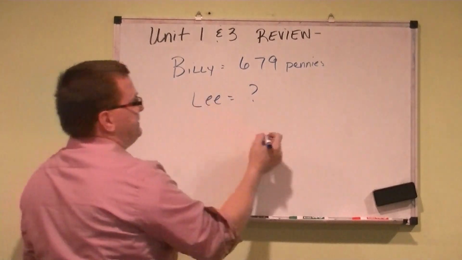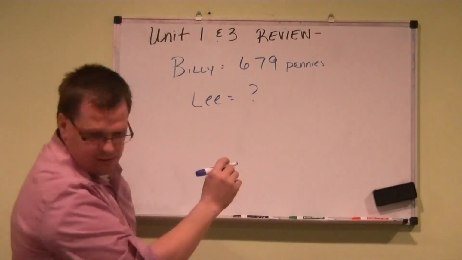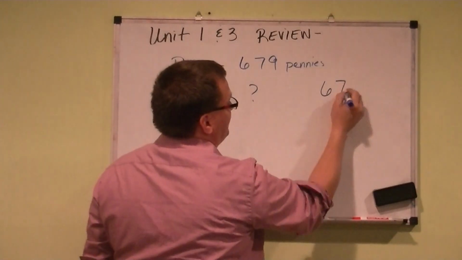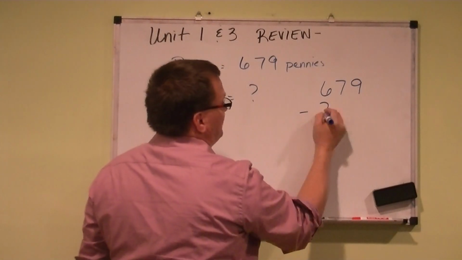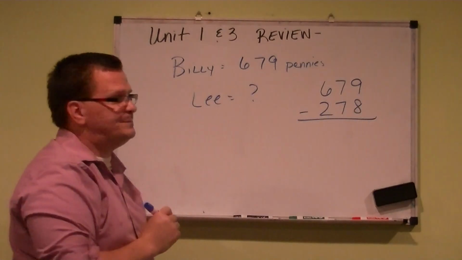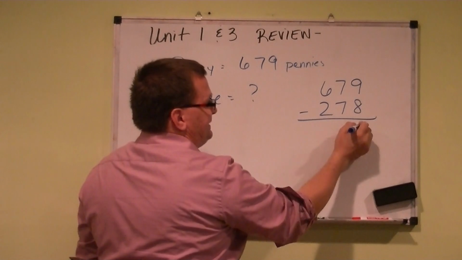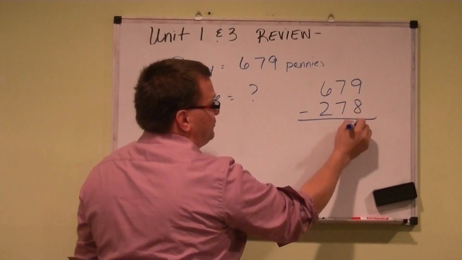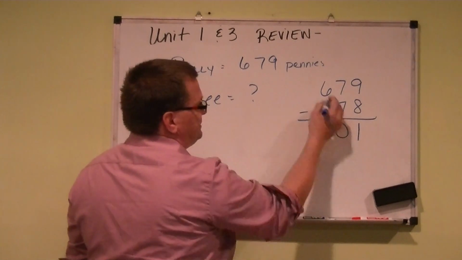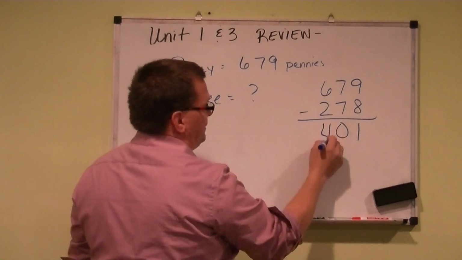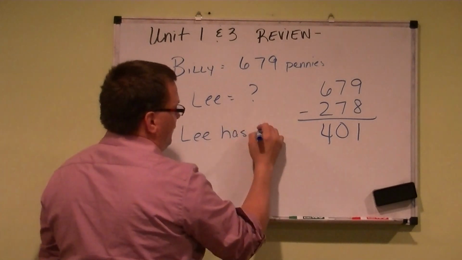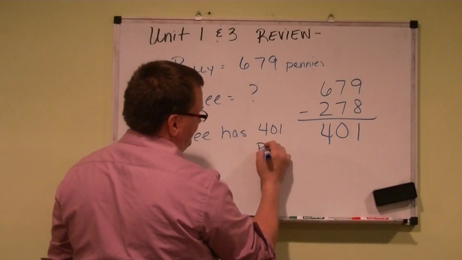Well, we know Billy has 278 more, so 679 minus 278. Now they should be able to do that problem. 9 minus 8 is 1. Give me the answer. 7 minus 7 is 0. 6 minus 2 is 4. So now Lee has 401 pennies.